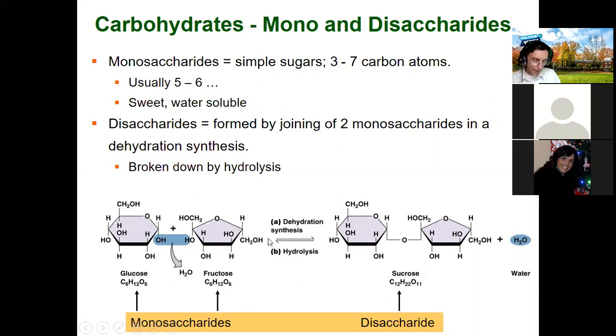You could also draw them out in a linear structure. And actually, glucose, most of the molecules are found in the linear structure when we're looking at glucose as a table sugar, a dry table sugar.